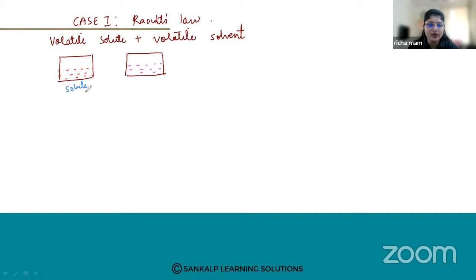You know that solute is present in less quantity, right? And solvent is present in more quantity, right? So this is B. Now solute will be only one type. Solvent also will be of one type.